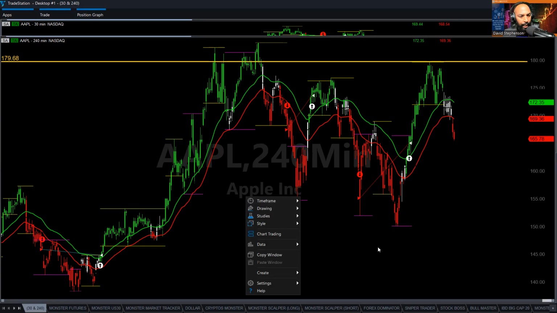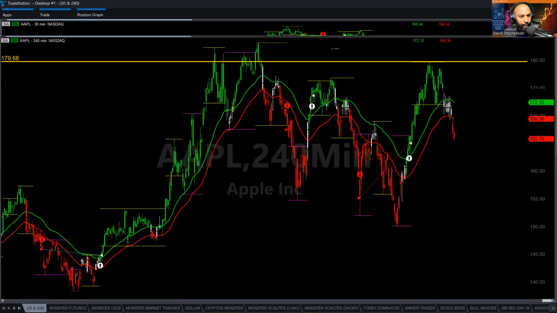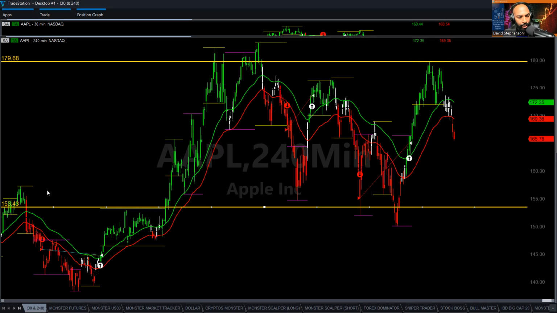All right. Support is down in here, Zaire. This is on your 240 time frame. So support is, I would say, right about here. We'll call this support here, support here, support here. Previous resistance is support, right in here. So this is an important area to watch.